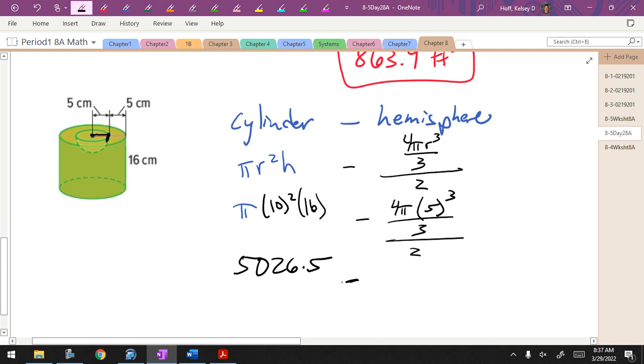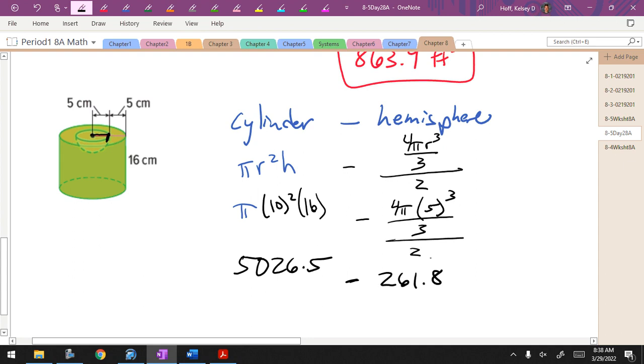Type that into your calculator and see what you can get for me. You guys get 261.8?